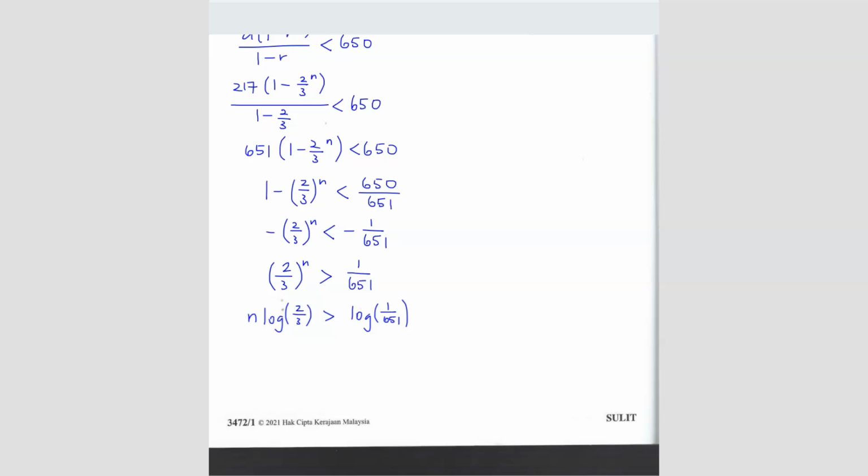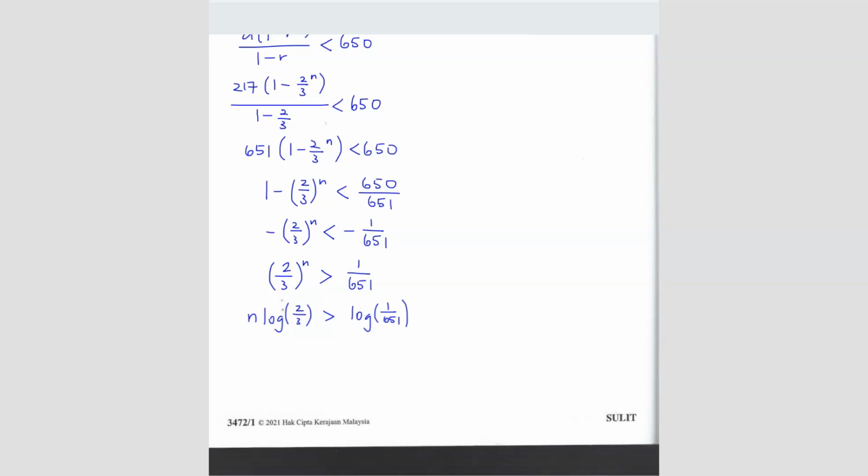Now here's the thing, because 2/3 is less than 1, you can use your calculator: log (2/3). It's less than 0, so you get a negative value. When you shift a negative value, same as the situation just now, the sign will change.